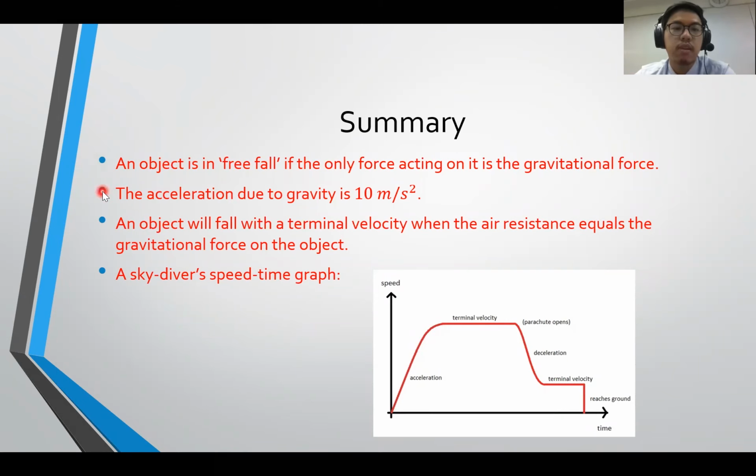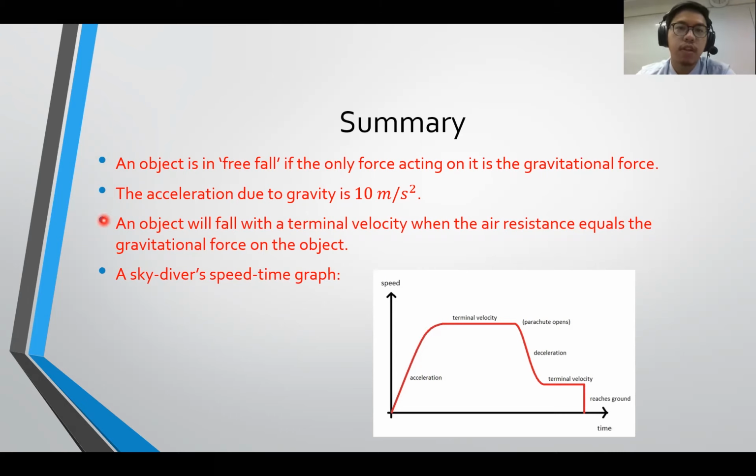The second part that you learn is when you are free falling, the acceleration due to gravity on Earth is always 10 meters per second squared. So this number you have to remember for your exams. And then for this video, you learn what is terminal velocity.